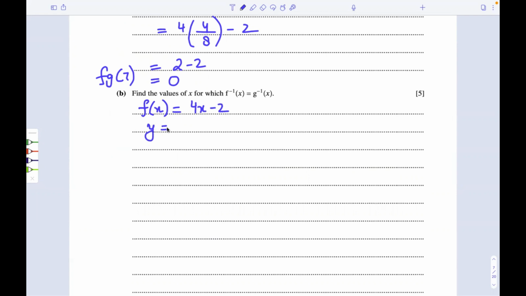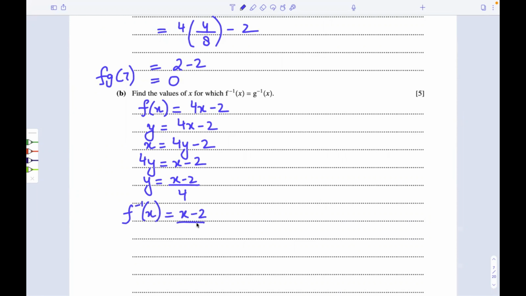We replace f of x with y, and as we are finding the inverse, we switch the y value with x and the x value with y. And finally, by making y our subject, we get the inverse of the function. So f inverse of x is equal to x minus 2 upon 4.